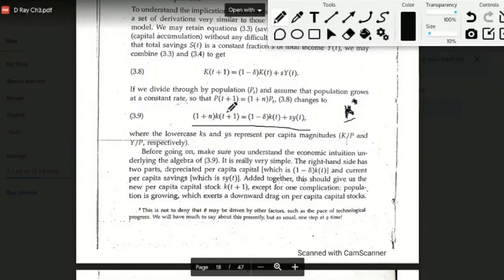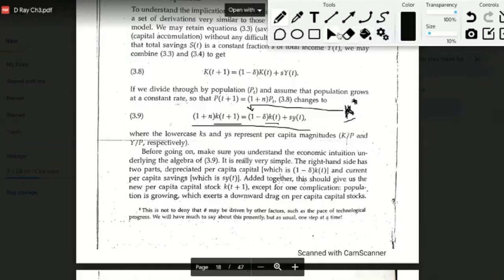So kt plus 1 and kt will be equal to k star, and we'll just substitute this in this equation. So instead of kt plus 1, we'll write k star, which represents the steady state of capital, and instead of kt as well, we will write k star.